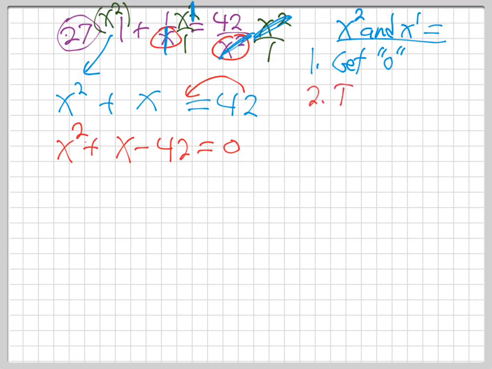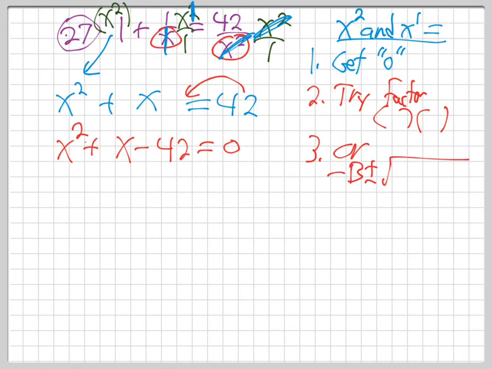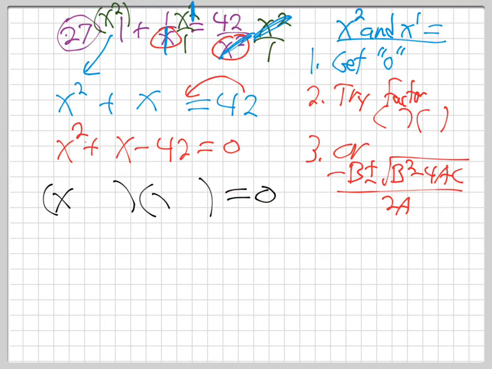Step 2, you can try to factor with the parentheses, or you can use the quadratic formula, negative b plus or minus square root of b squared minus 4ac all over 2a. So I'll try to factor, 2 parentheses, x is in the front. Okay, what last times last multiply to be 42? 6 times 7.